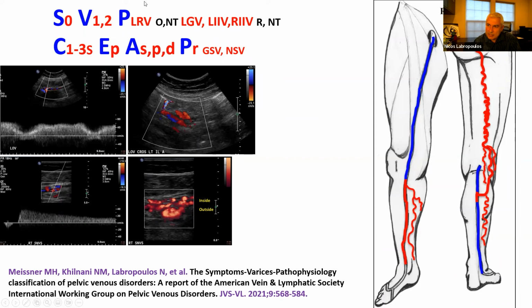That's basically the classification for the SVP. And for the CEAP, for this leg it would have been C1 to 3, as the patient has swelling or is symptomatic. The etiology was primary, with superficial, perforator and deep vein pathology here because the sciatic nerve was involved, and also reflux in the GSV and the sciatic nerve veins. So this is the SVP and the CEAP classification of the same patient.